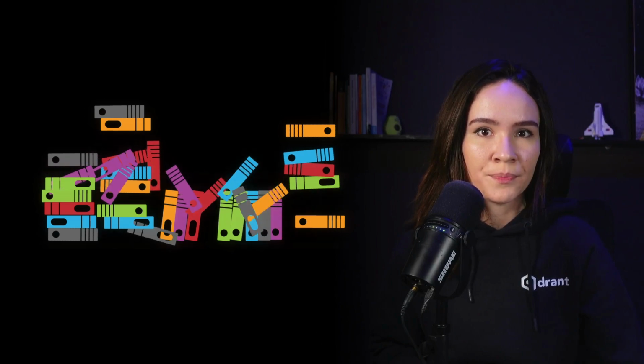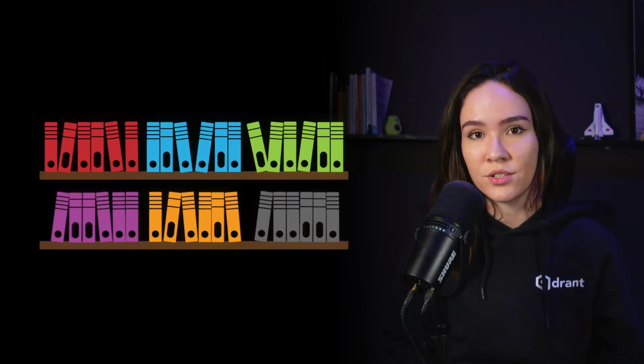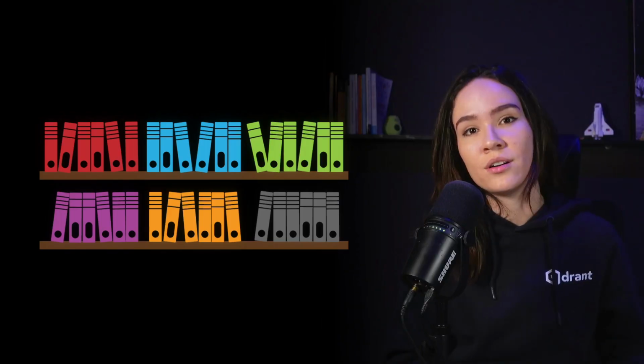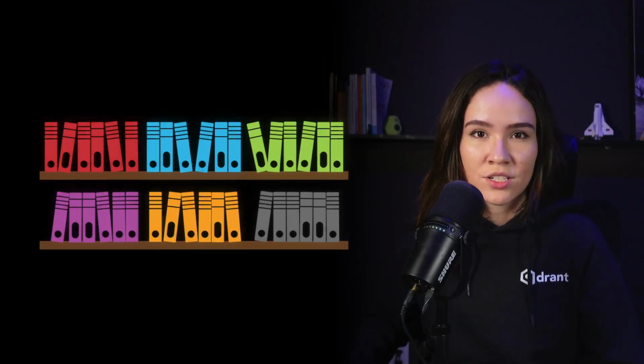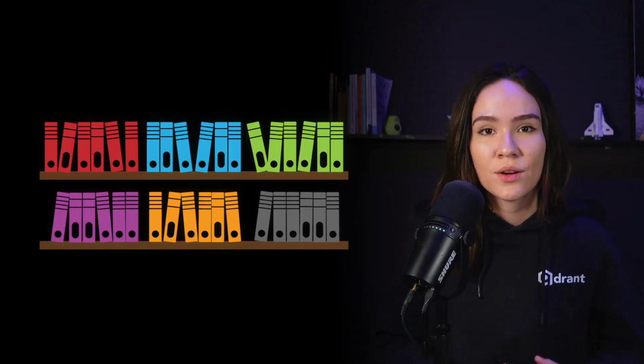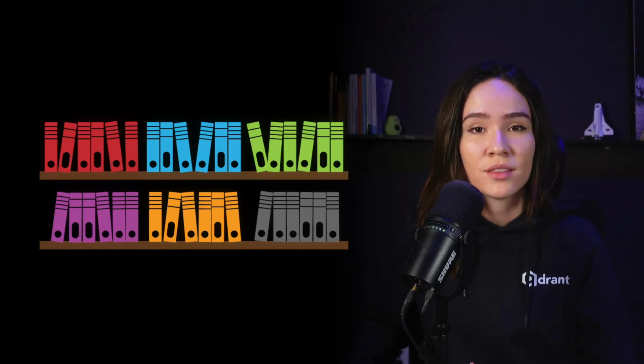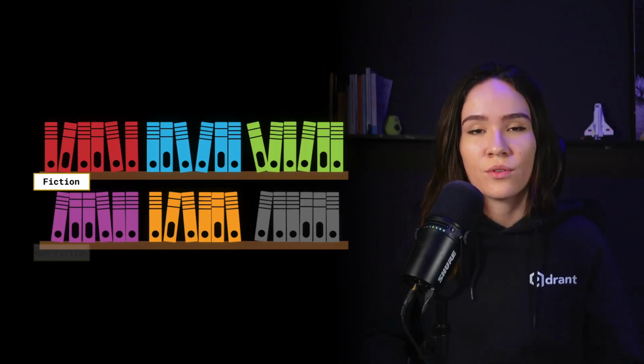But we know that libraries aren't organized like that. They are structured in a way that if you know something about the book that you're looking for, you are naturally guided to the right section, then to the right shelf, and then to the right book. Let's say you walk into this library and the first choice that you need to make is whether the book that you're looking for is fiction or nonfiction.